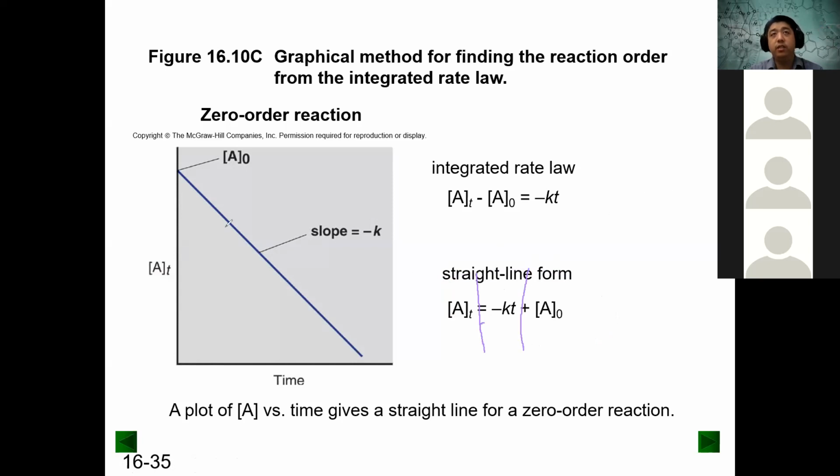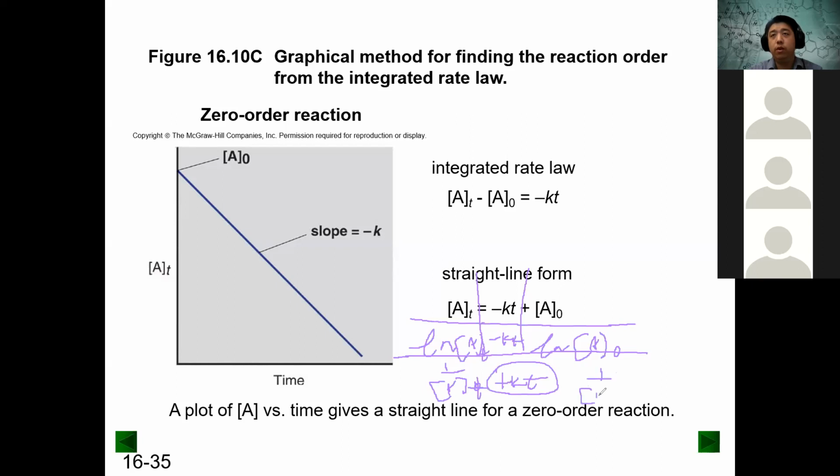Now, if we're looking at zero order, this is just itself. First order is ln of At, still negative KT, and then this one is still ln of A0. If you are looking at second order, it is 1 over At, and then this side is positive KT, that's the only difference, and then this side is 1 over A0.